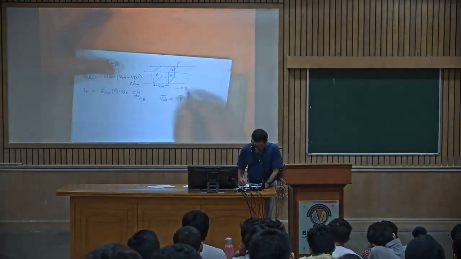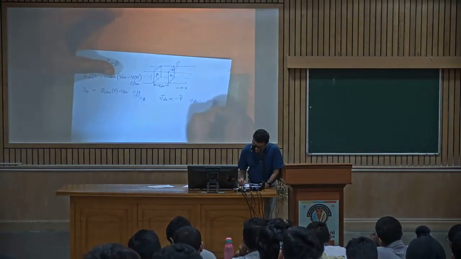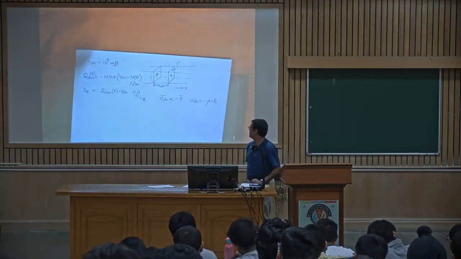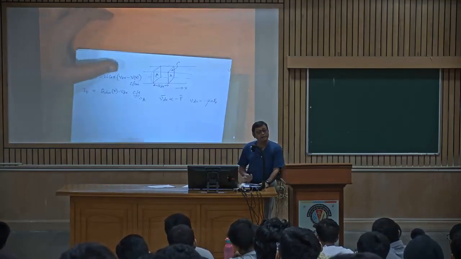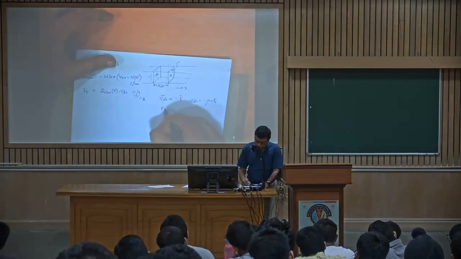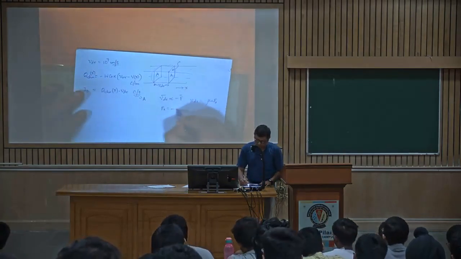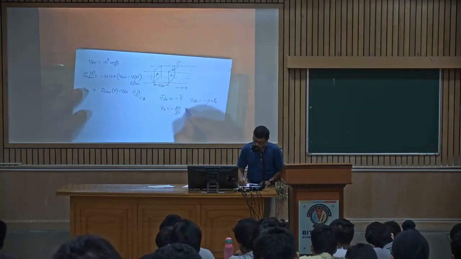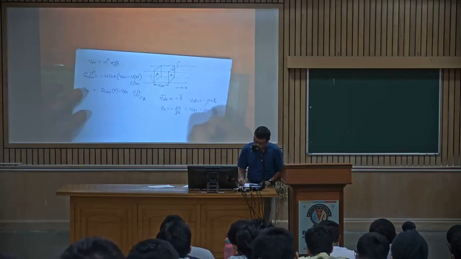Otherwise simply VDR equal to minus mu n into the field along the x direction alone. Make sense? What is Fx? Field along the x direction. What will it be? Minus dV dx. Therefore, VDR is equal to mu n dV dx.